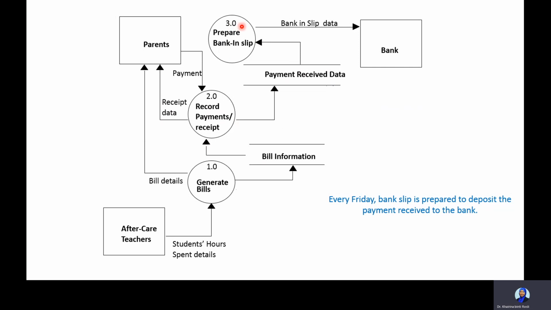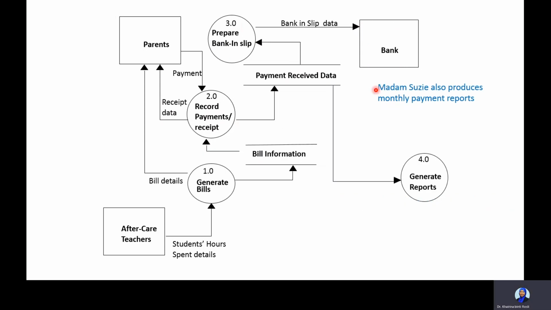The data involved is the bank in slip details at the end here, given to the bank. The bank is an external entity to the system, so we draw a rectangle or square for the bank.